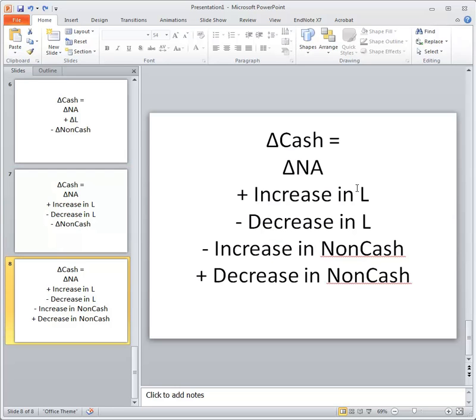And so here it's all written out. The change in cash will be equal to the change in net asset plus adding in the value of increases to liability accounts, subtracting the decrease in liability accounts, and then subtracting any increase in non-cash and adding in the value of any decrease in non-cash.